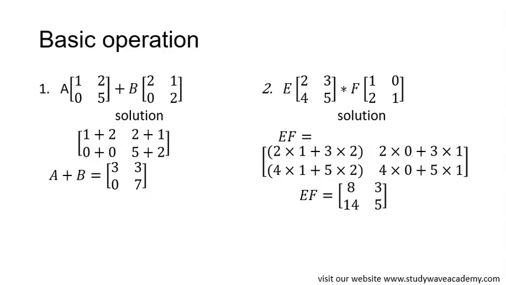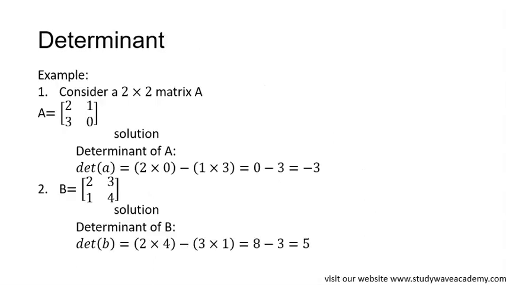So now we are going to be looking at the determinant, okay? The determinant is a scalar value derived from a square matrix, okay? And is denoted by this. Do you understand? So let's consider a 2 by 2 matrix, and this is A, okay?